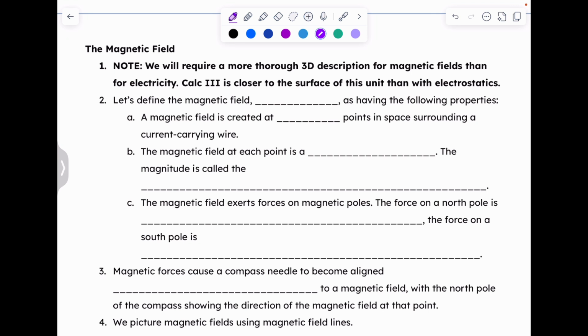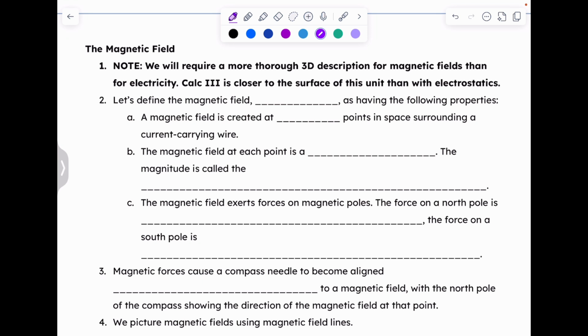There are a lot of cross products with magnetism. So again, you don't have to have multivariable calculus under your belt to do this class. What that does mean, though, is taking things from three-dimensional calculus to one-dimensional is kind of a pain. And that is the hardest part of this.